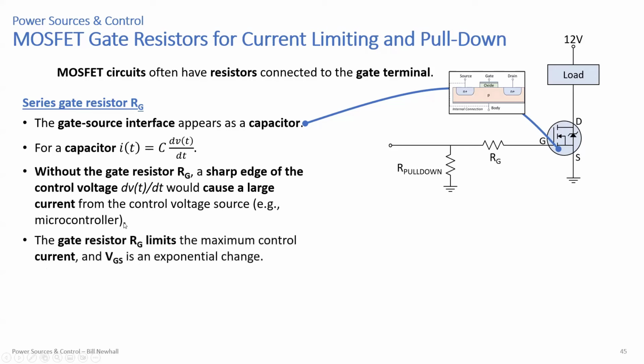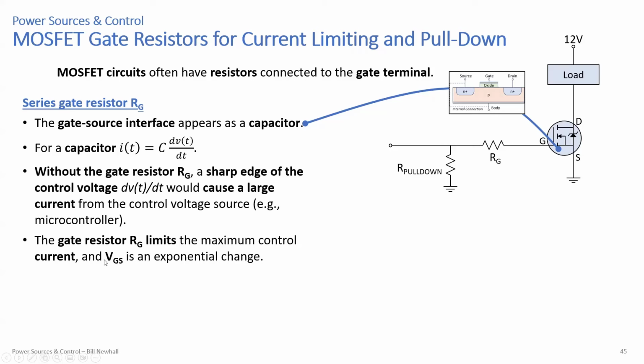So the gate resistor limits that maximum current, which is generally good. You could damage a device if you try to get too much current out of it. You might cause electromagnetic interference problems. You might cause power supply droop. So if your application can tolerate it, you want to limit that slope.